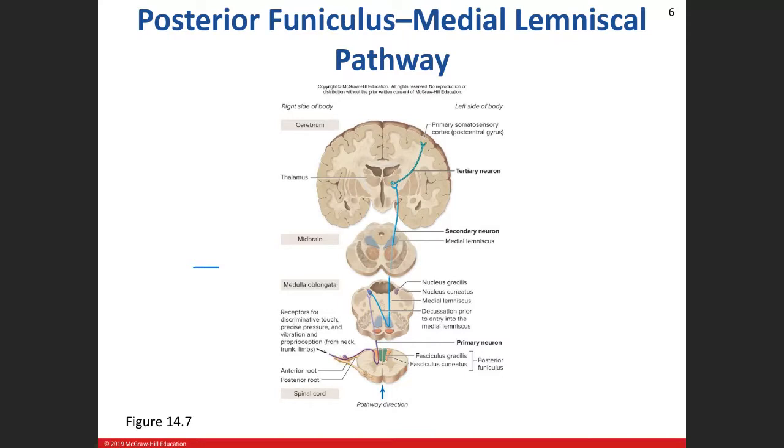These types of cells, all right, are a unipolar cell. What is that? You have a cell body that has one process coming off the cell body that splits. One process goes one way, the other process goes the other way, okay?